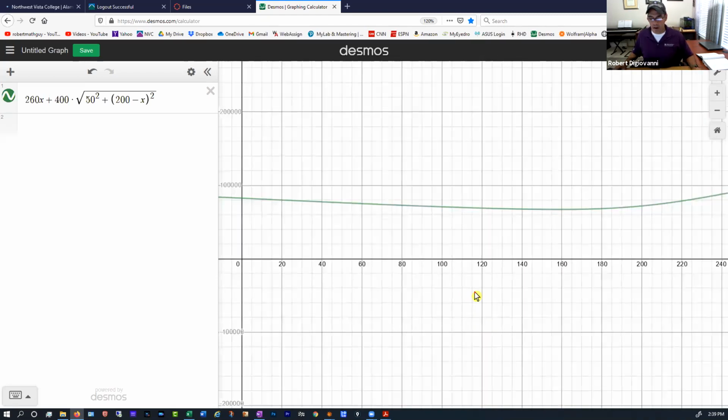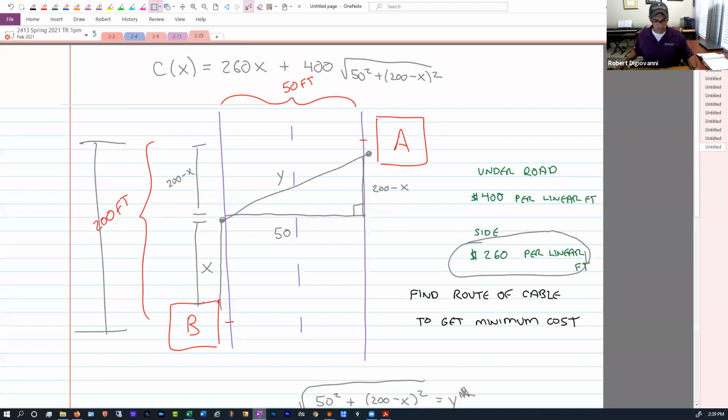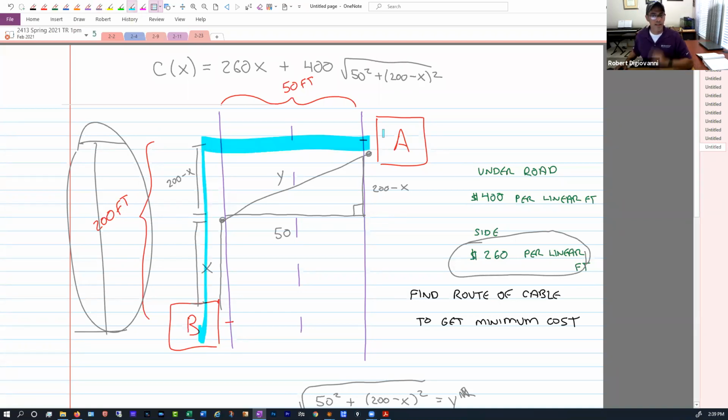Okay, do you see this graph, everyone? If we now think about X, if we go back to this picture, the biggest that X could ever be would be 200, right? And that would be me going all the way across and then straight over. That's if X was 200. If X was 0, that would be me just doing that. So I need to look at this graph between 0 and 200.